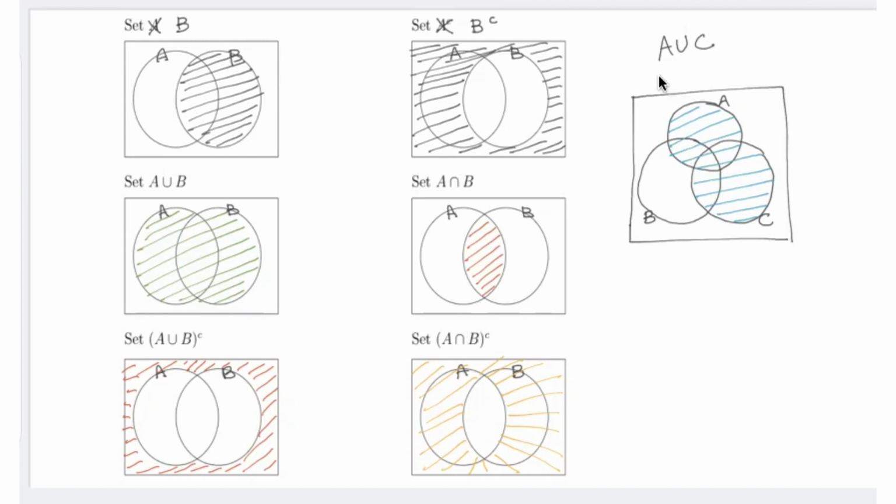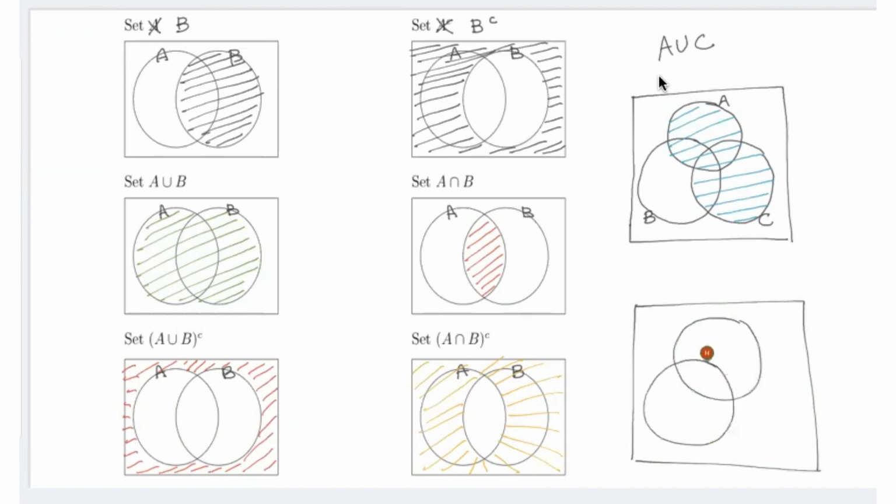Okay, let me give you another example. How about still those three, 1, 2, and 3. Here's A, B, C. My question is, can you find B union C?